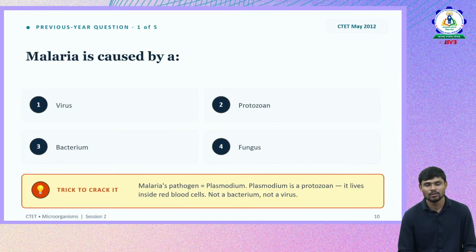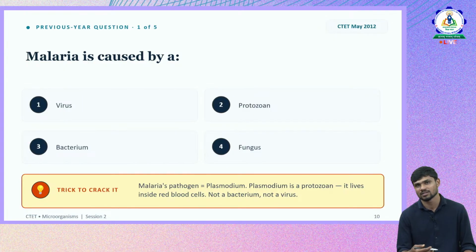So these are a few areas where CTET will be asking questions based on memory, factual level questions. We just discussed a few of them: the bacterial diseases, the viral diseases, then protozoan diseases, what those diseases are, and what organisms carry them and act as vectors.